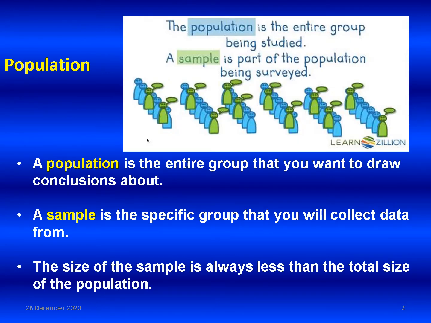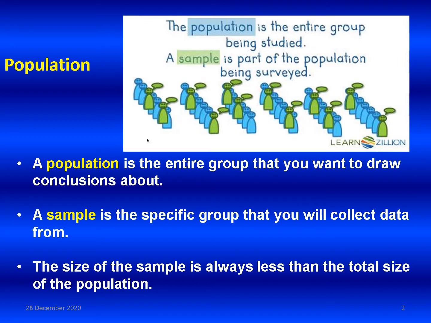A population is the entire group that you want to draw conclusions about, while a sample is the specific group that you will collect data from. Please understand that a sample is a subset of the population from where we are collecting data.